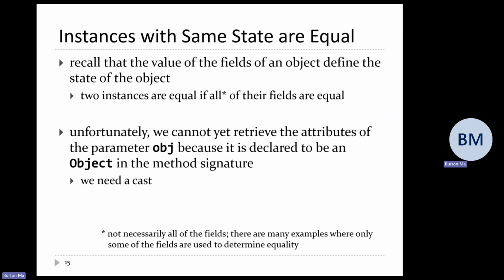All right, so the problem that we run into in equals is that the parameter that gets passed to equals has the wrong type. Remember, equals is always public, and it always returns a boolean. Its name is always equals, and here's the problem: the parameter type is Object.